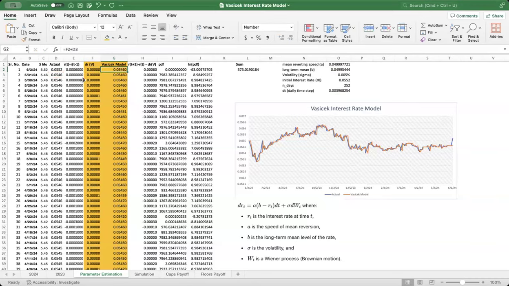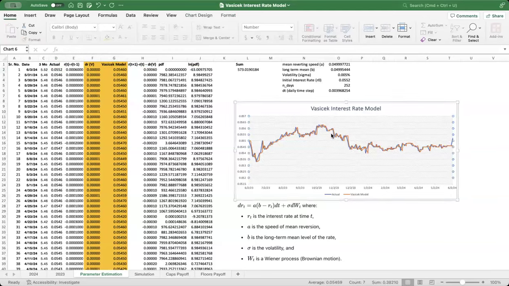Now if you see all these previous interest rates, it was 5.46, and suddenly there was a jump, but because this jump was not expected by the model, it predicted 5.46. But if you see the whole graph, the model and the actual are very close, because I have already done a calibration, a parametric estimation of this model using MLE.